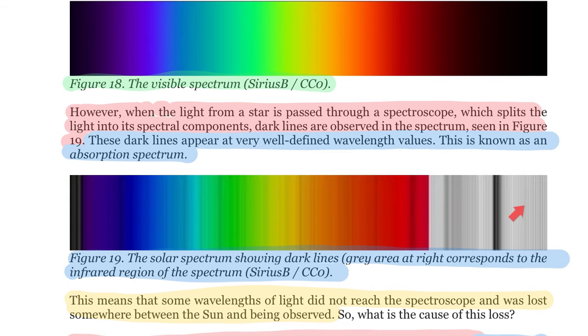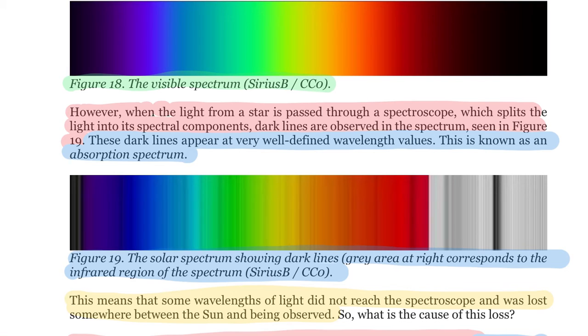So for instance, even in the infrared area of the spectrum, we see dark lines, some of them pretty significant. In the UV part of the spectrum, we see it. In the visible part of the electromagnetic spectrum, we see it.